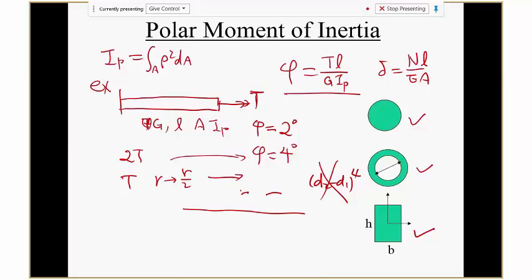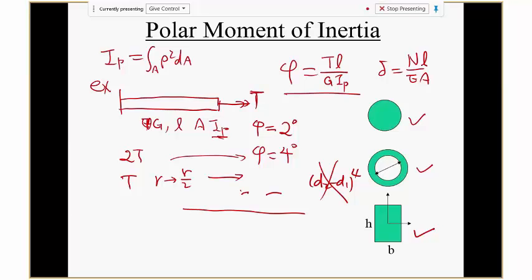Is it going to rotate more or less? Definitely more, because with a smaller radius its IP will decrease, so it's less rigid. When you reduce R by half, how much does the IP change?